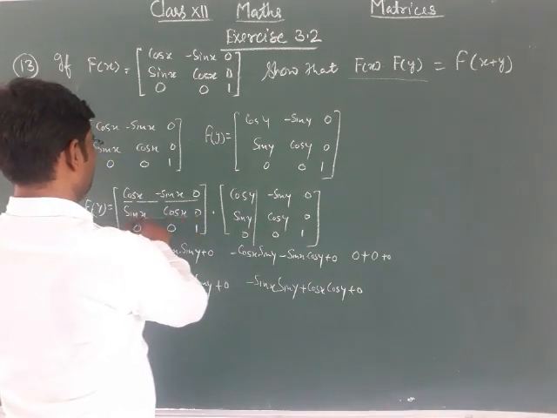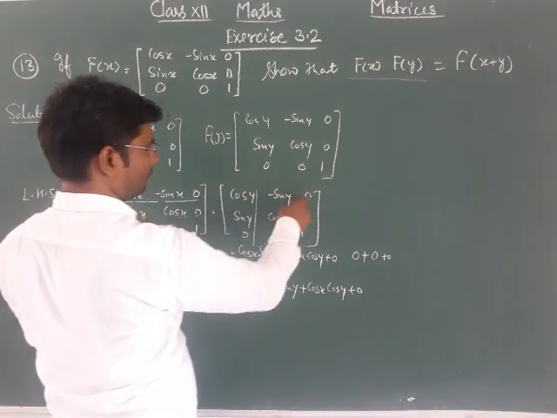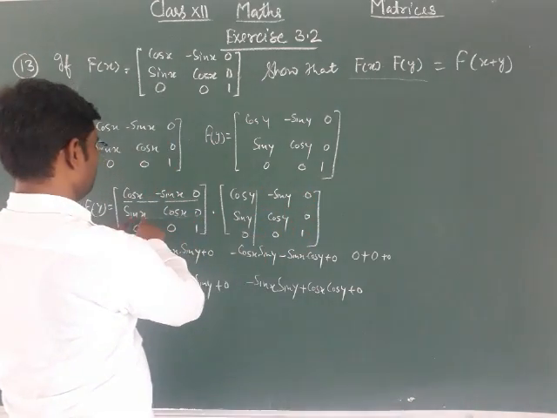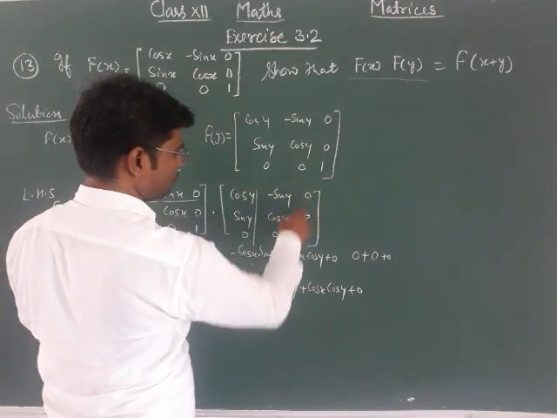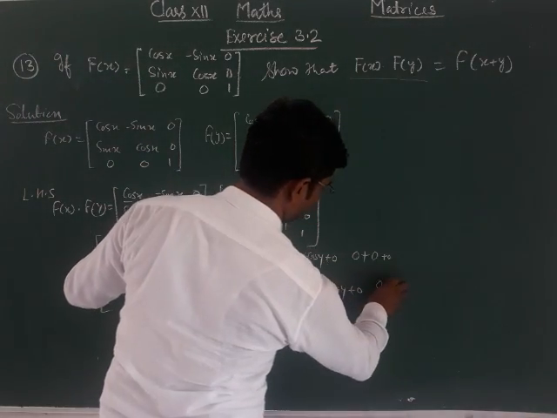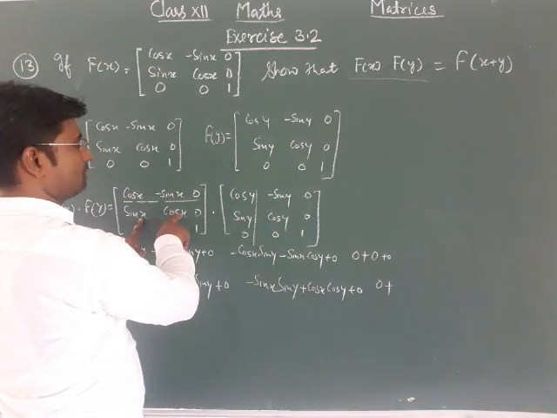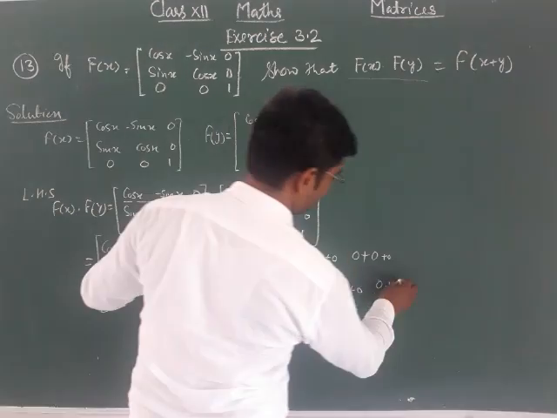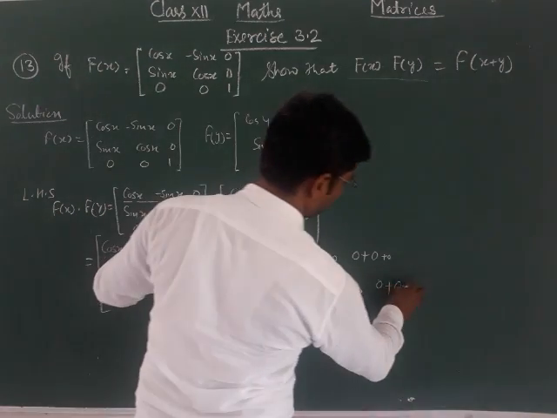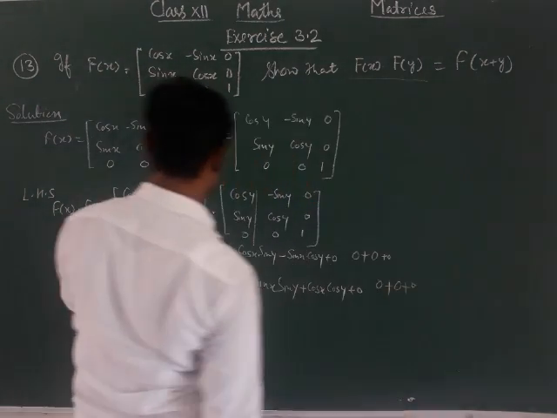And also second row and third column, so sin x into 0, 0, plus cos x into 0, 0, and 0 into 1, 0.